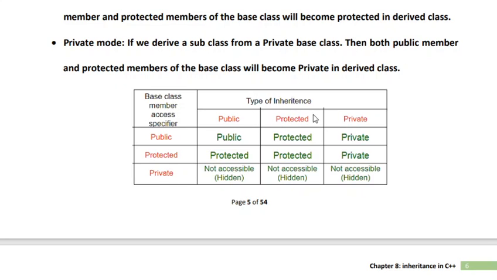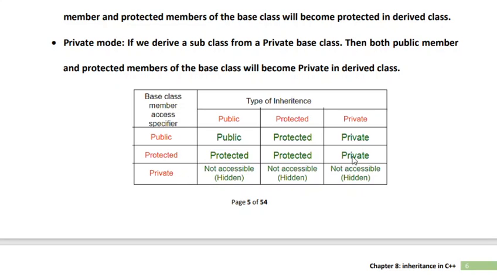So when we go for public mode of inheritance, the public member will be public, the protected member will be protected, and private cannot be inherited, right? This is what we have learned till now. If you go for protected mode of inheritance, public will be protected, protected will be protected, and private cannot be inherited.